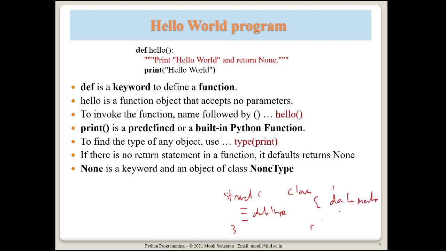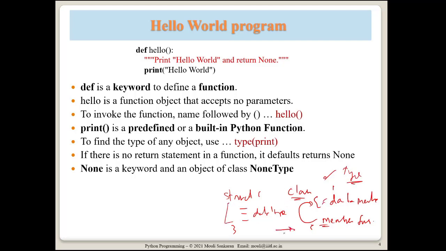Then you have functions or member functions, which operate on the objects or data objects defined within the class. So class is similar to a type definition, and it can have both data members as well as the functions which operate on those data members.